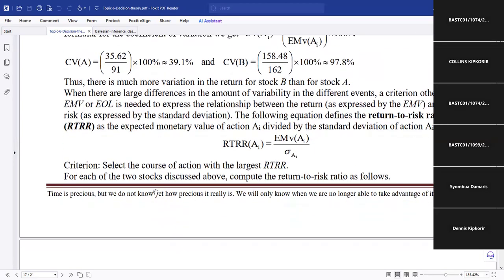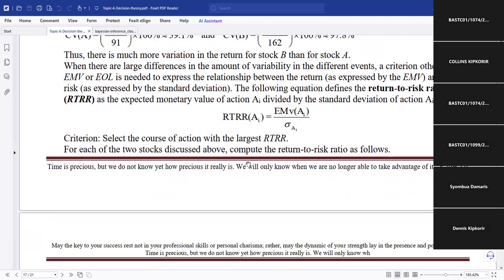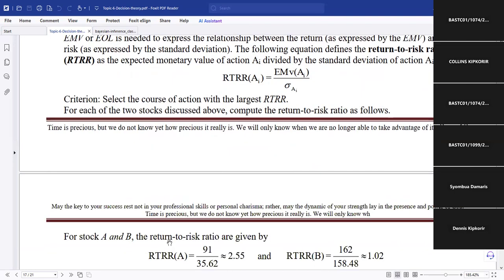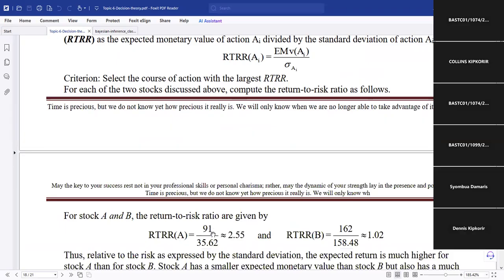So the return to risk ratio selects the course of action with the largest RTRR. And for each of the two stocks that we have discussed previously, the return to risk ratio is 91 divided by 35.62, the standard deviation, which gives 2.55.